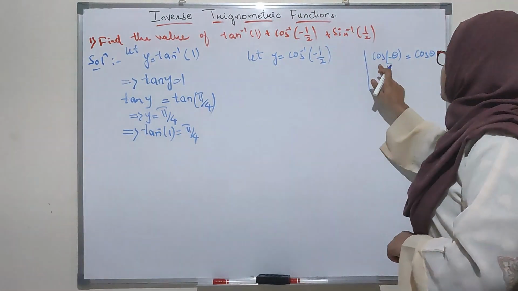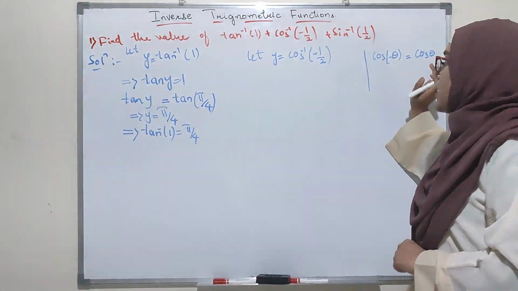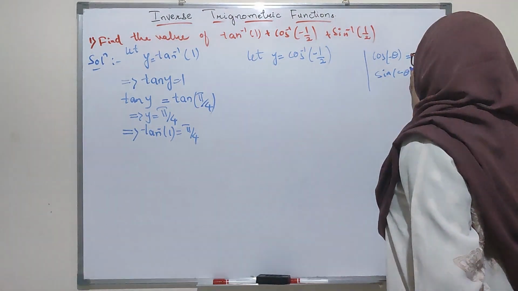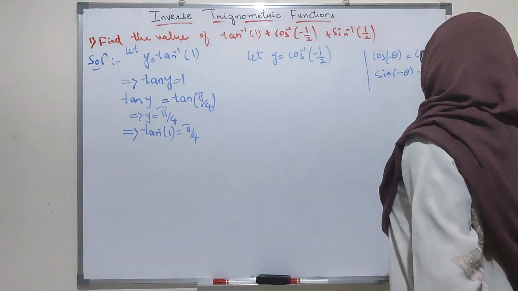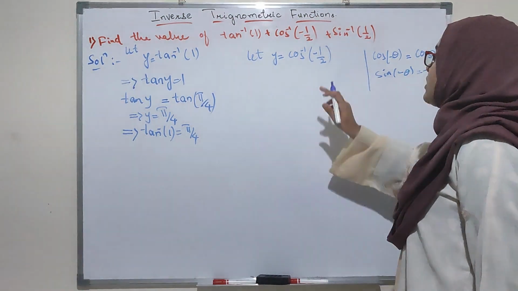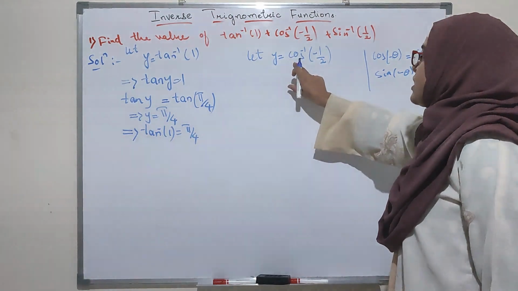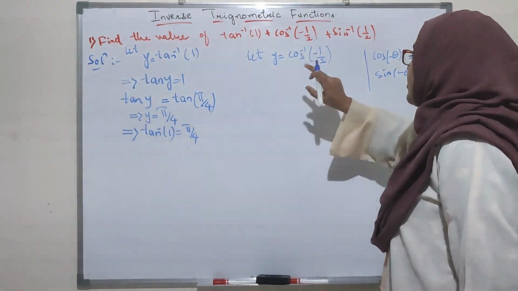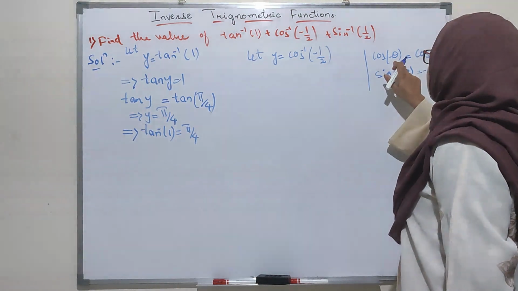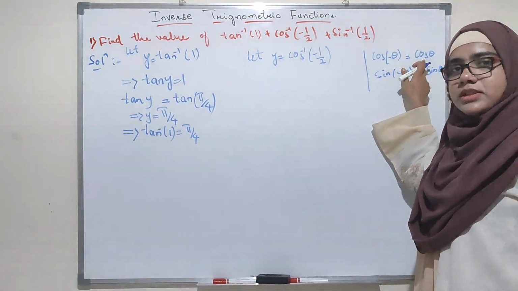But sin of minus theta will give you minus sin theta. So here we have to make cos such that its value remains the same. We have to write in terms of radian. If we are having cos of minus half, then it will become positive cos theta.